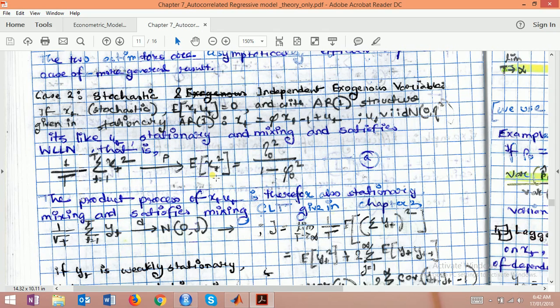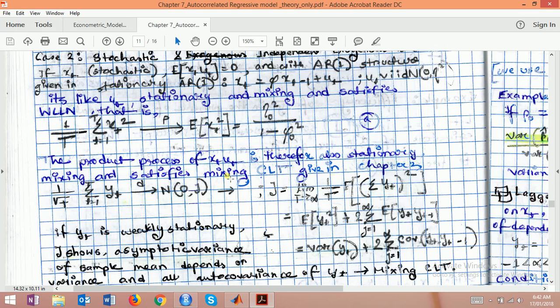Asymptotically, the expected value of x square becomes the variance eta square divided by 1 minus phi naught square, where phi is the autoregressive parameter.